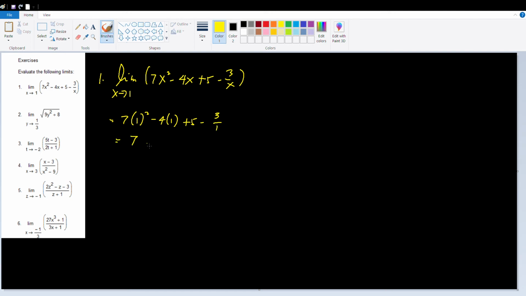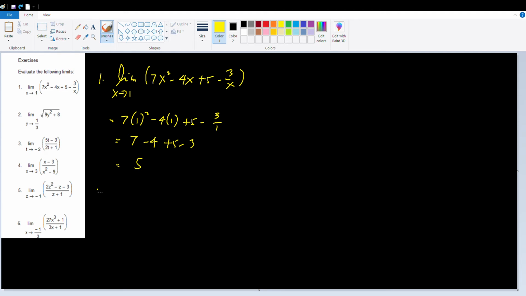So that is 7 minus 4 plus 5 minus 3. That is 7 and 5, 12, minus 7, that is equal to 5. So please take note, once you have substituted 1 for all the x's, there is no need of writing the limit symbol, because you have already substituted a for x.